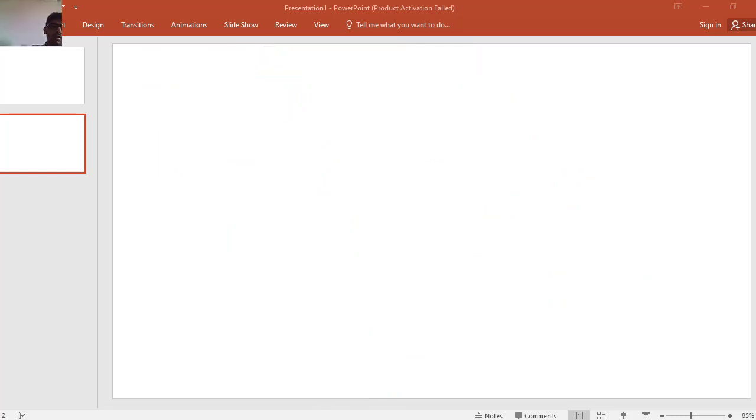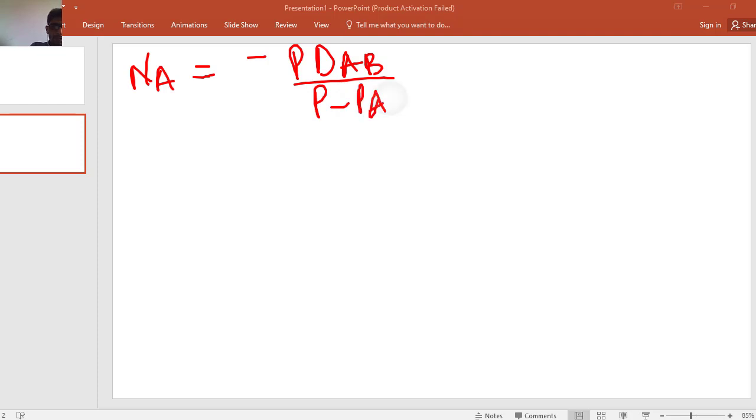So NA is equal to minus P DAB divided by RT, into dPA by dr divided by P minus PA.